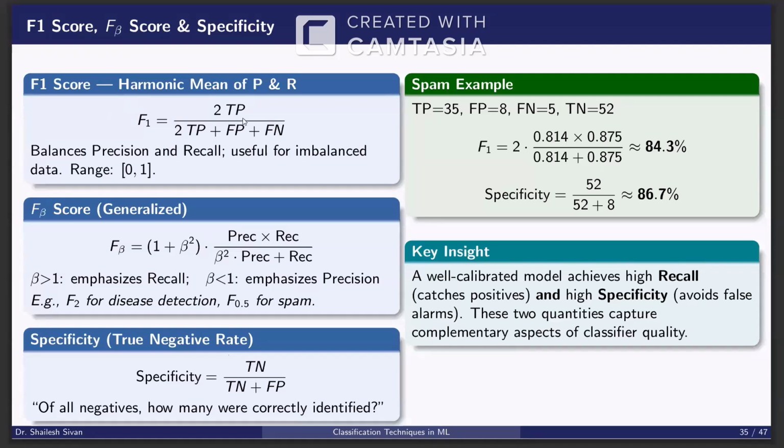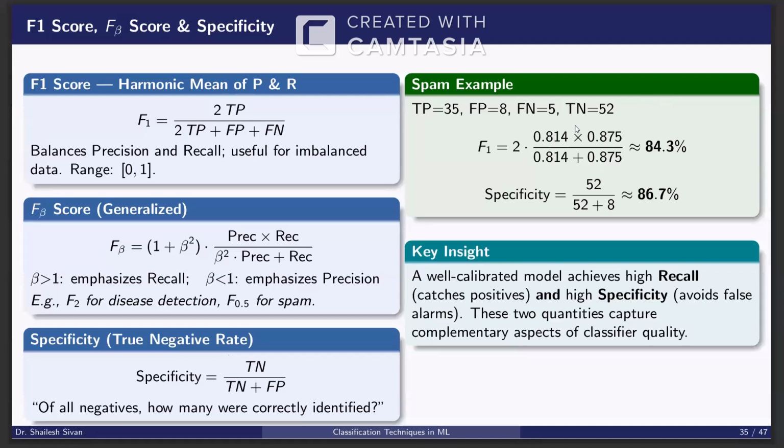F1 score is 2 into true positive by 2 into true positive plus false positive plus false negative. Another way to say it: 2 into precision into recall divided by precision plus recall. Okay, that is what we are calling F1 score.